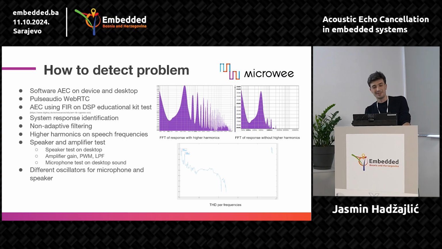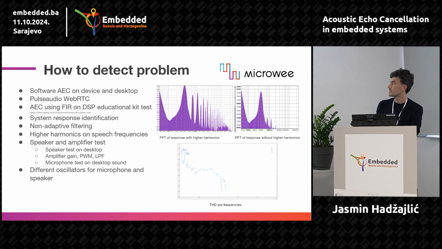Then we started to analyze the actual response for sine wave frequencies, and there we saw that when we play, for example, a 400 hertz frequency on the speaker, on the microphone we get higher harmonics with significant power. And that is this picture here.